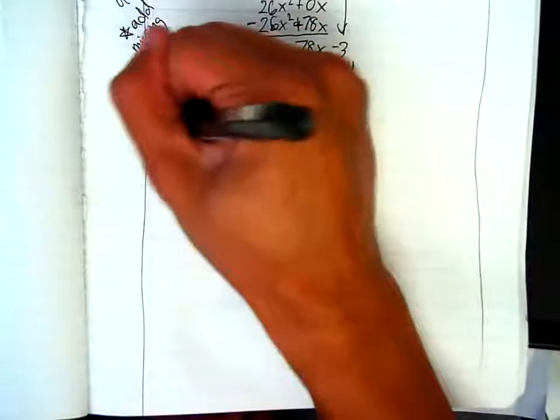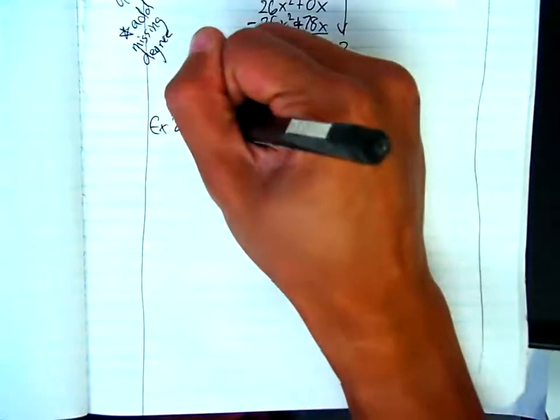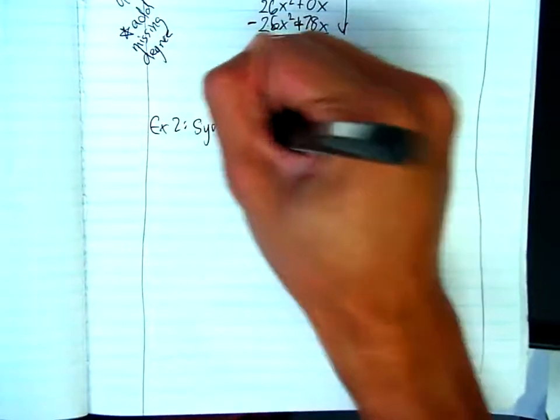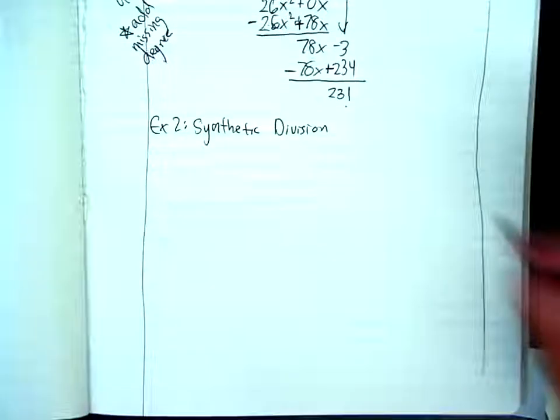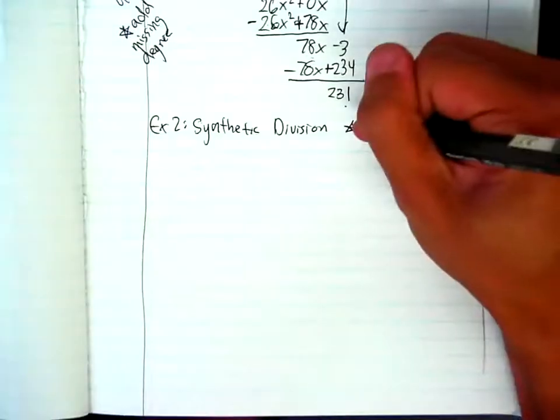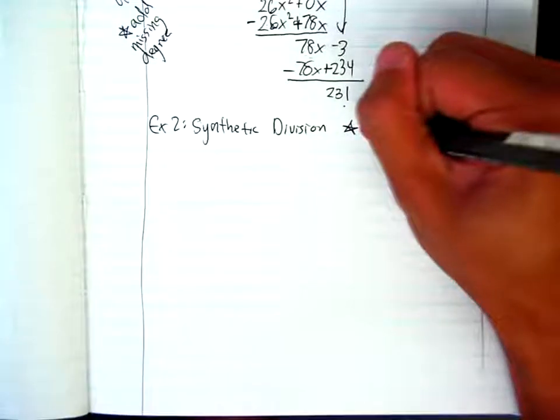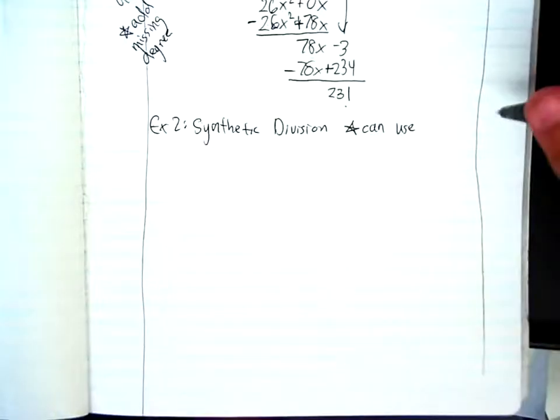Okay, example 2, we're going to do synthetic division. This will be an easier way, but you can only use it if we're dividing by a linear function.